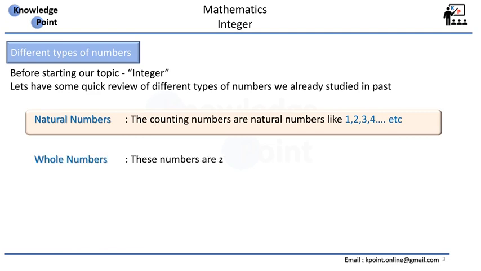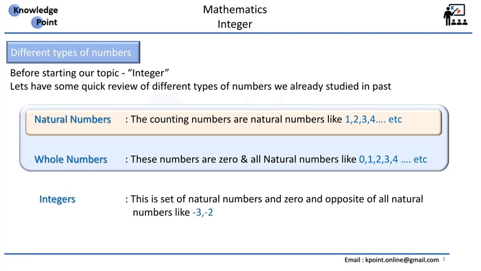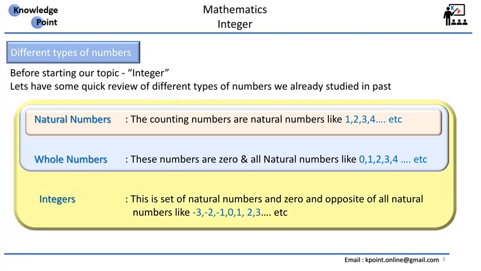Whole number: the numbers are 0 and all natural numbers like 0, 1, 2, 3, 4 etc. And then integer. This is a set of natural numbers and 0 and opposite of all natural numbers, like -3, -2, -1, 0, 1, 2, 3 etc.